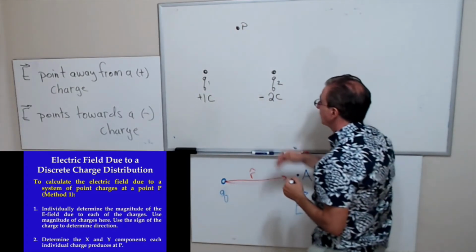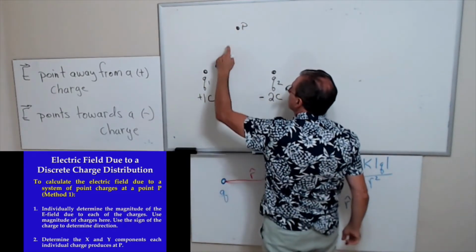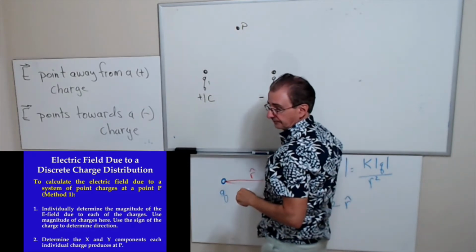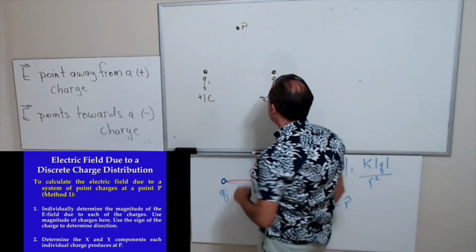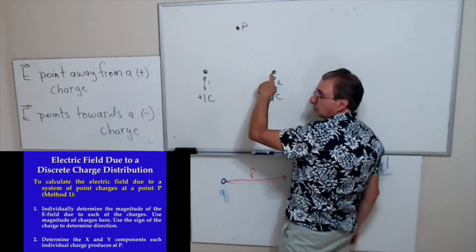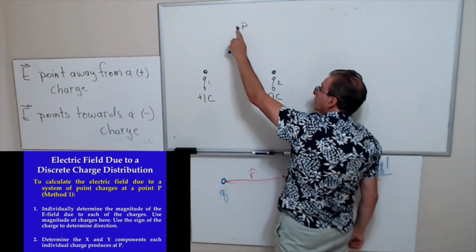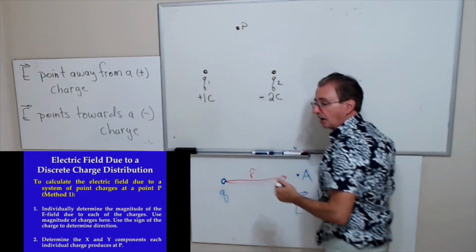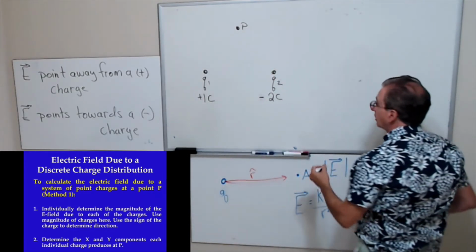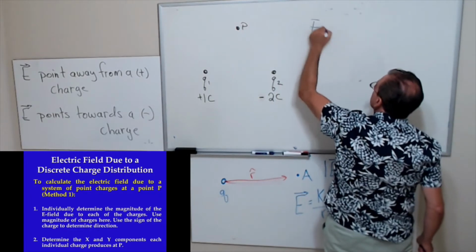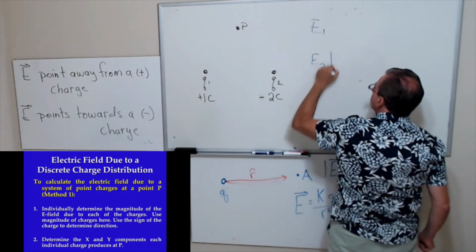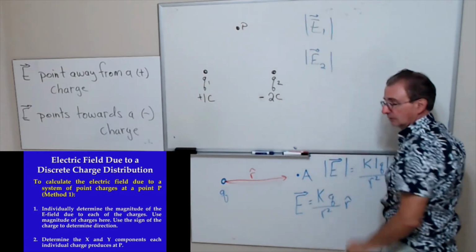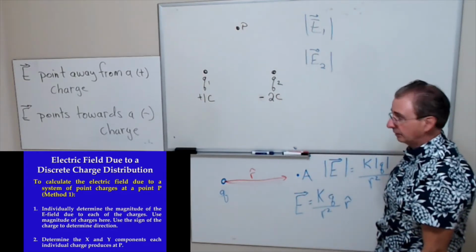So what I'm going to do is calculate the magnitude of the field due to this object at point P, and then I will calculate the magnitude of the field here just due to this object, and then I'm going to add them up. So I will calculate E1 and I will calculate E2. Okay.